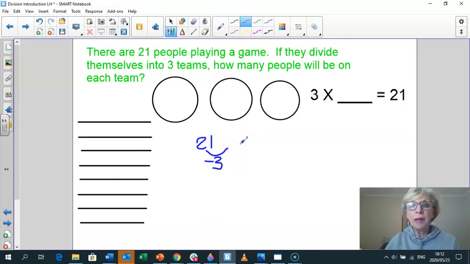Right, 21 people playing a game. If they divide themselves into 3 teams, how many people will be on each team? Shall I do our little array now?